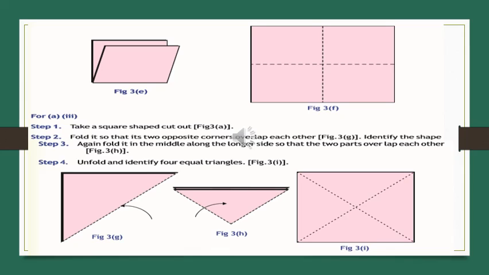Okay, so if you want triangles from this square, turn it like this through the diagonal, and you will get the 4 equal triangles. So these are the different foldings through which you will get rectangles, squares and triangles. So try this, complete this activity and then paste all these 3 on the activity sheets, and don't forget to write the learning outcomes.